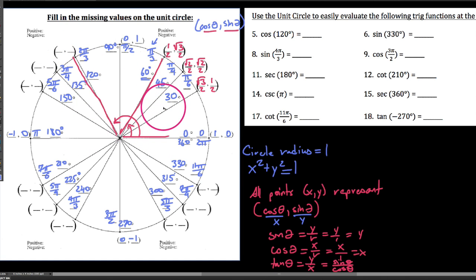So the neat thing about it is we really only need to know the first quadrant values because that'll allow us to fill in the rest of the quadrants because of symmetry. So for instance here, this 120 has a 60-degree reference angle, so this has to be 1 over 2, like our 60 had 1 over 2. And this must be root 3 over 2, and that's a root 3 over 2. So we get a negative x value, which is the only difference between these two here. So I'm going to go ahead and fill in the rest of these. The neat thing is that they're all over 2.